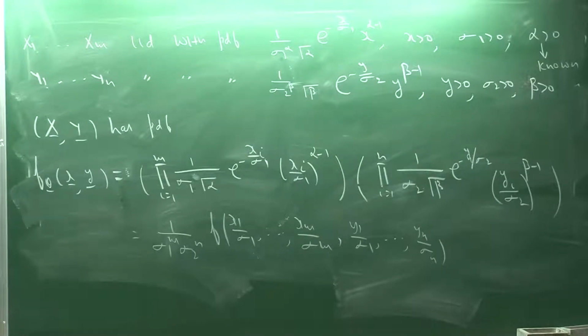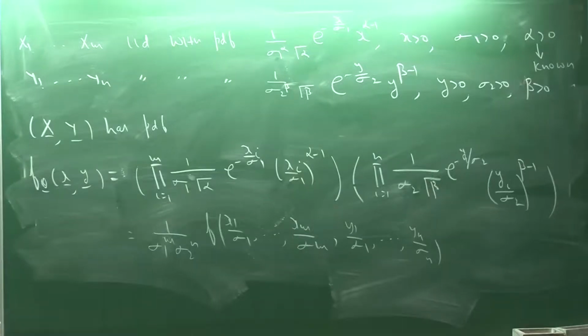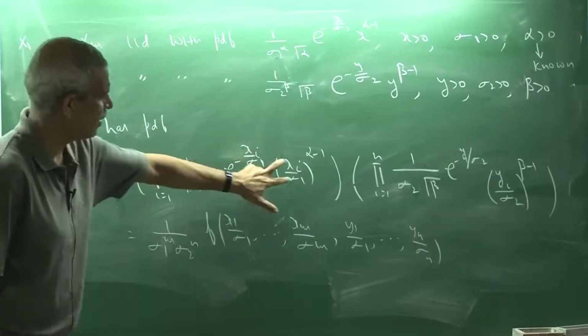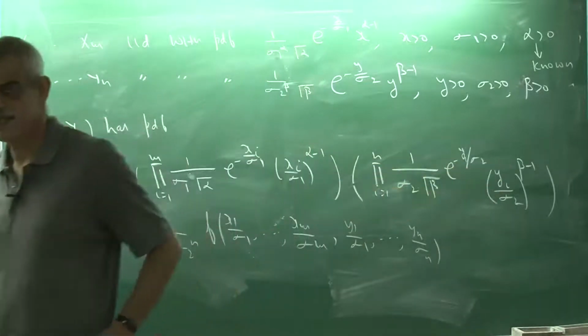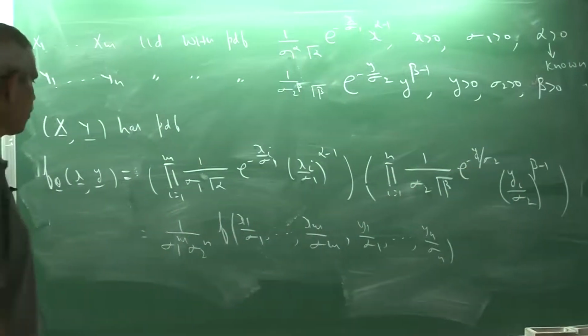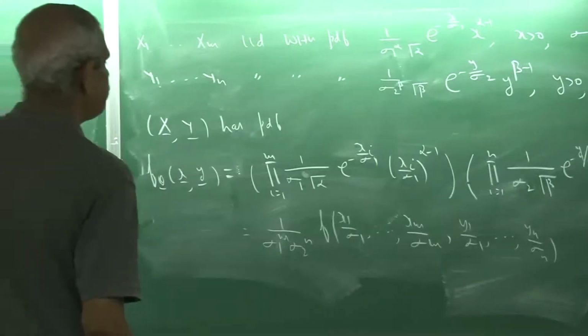Okay, so when you compare with this, you realize that this is of exactly the same form, because everywhere it depends on xi only through xi by sigma 1, and it depends on yi only through yi by sigma 2. So it is of that type.